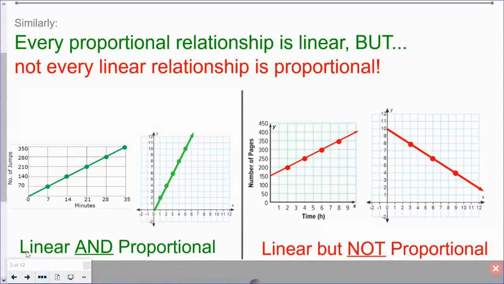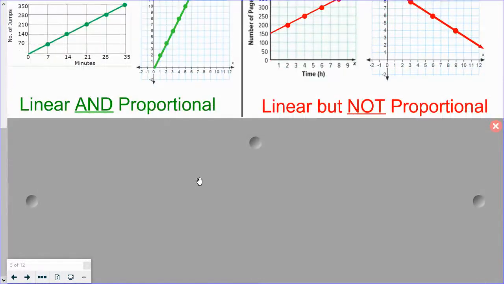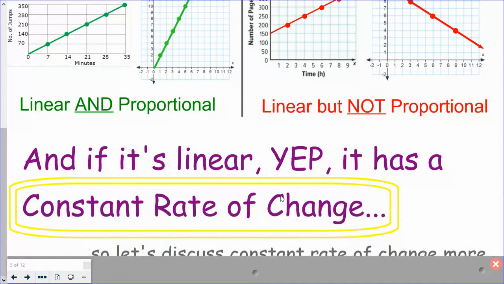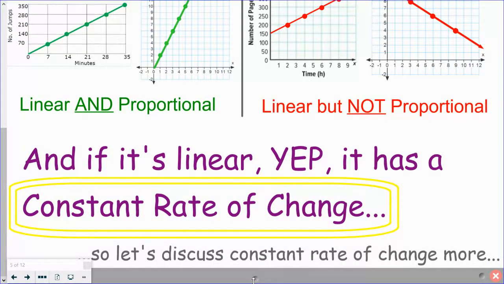So see how linear can be linear and proportional. Proportional is always linear, and linear is not always proportional. So if it is linear, it has what we call a constant rate of change. And we'll talk more about what the actual definition of that is when we get to our notes. So have them ready to go.